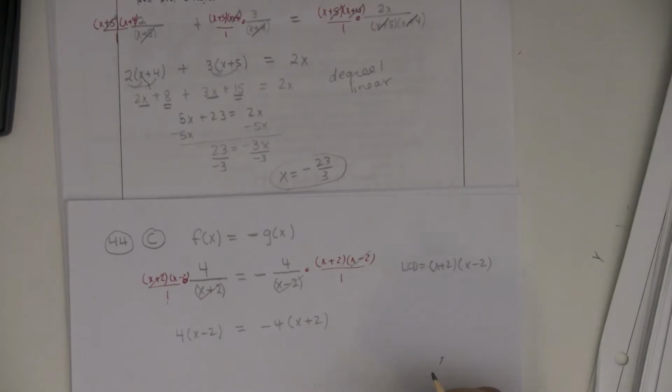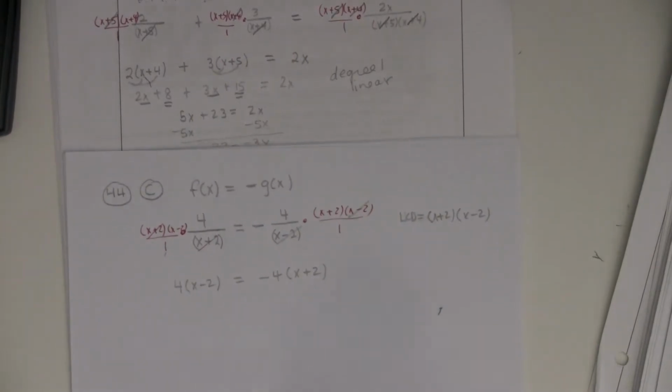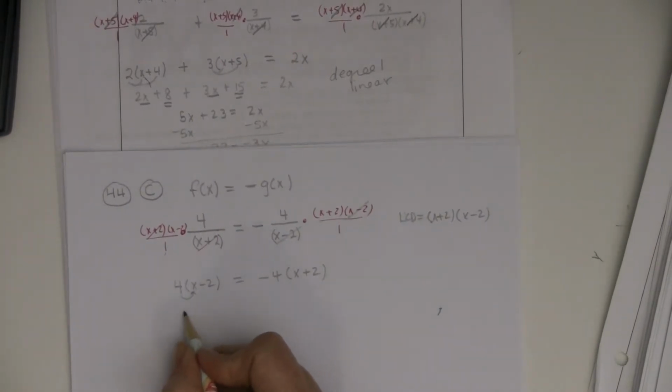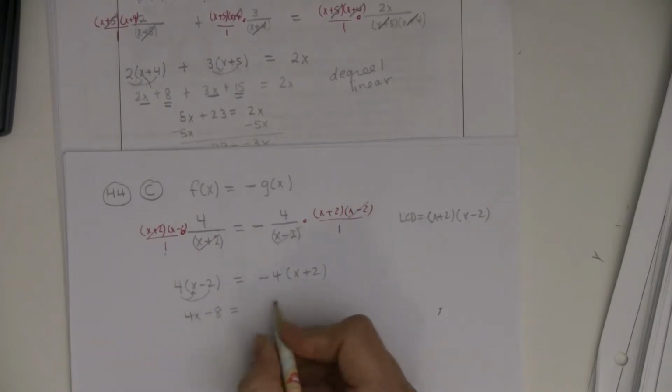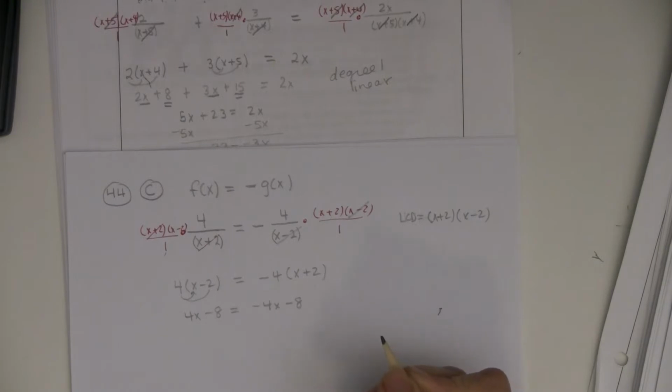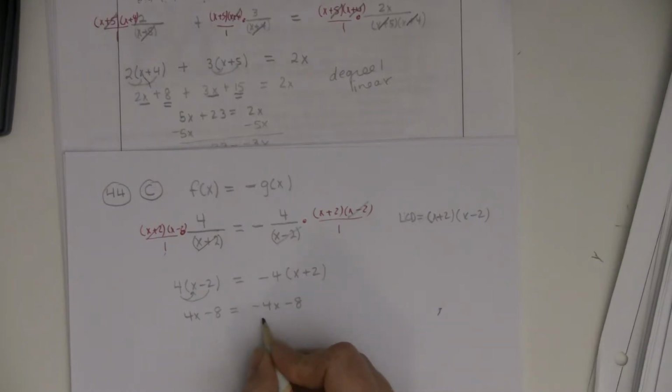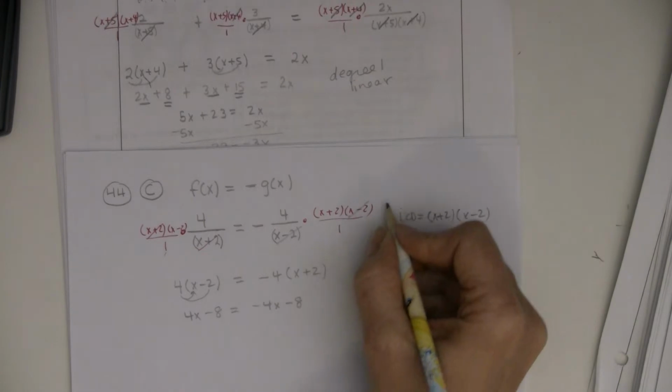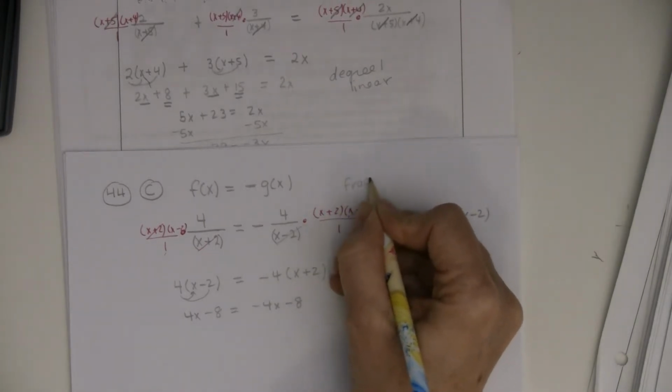And then you would solve that normally. And so when you solve this, you're going to get 4x minus 8 equals negative 4x minus 8. And if I'm solving that, it was a fraction, right? And so I cleared the fraction.